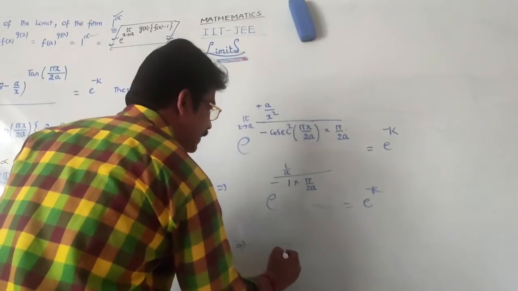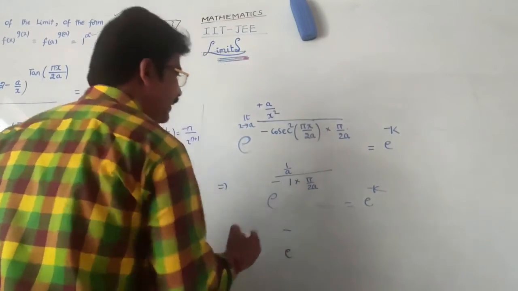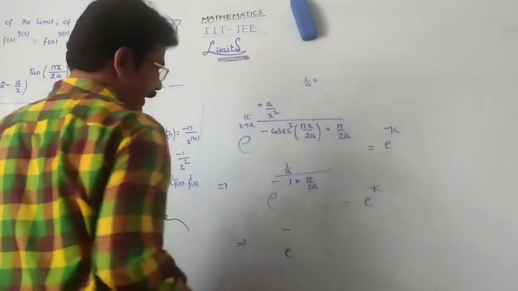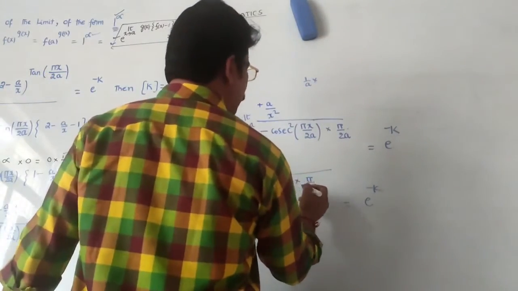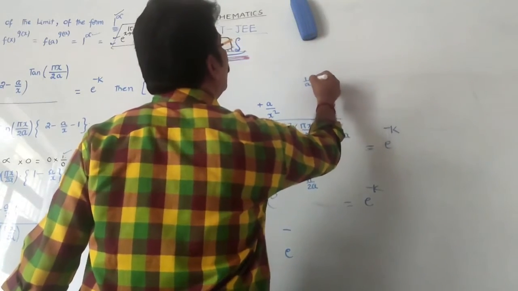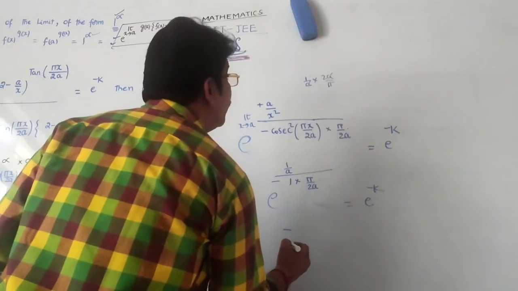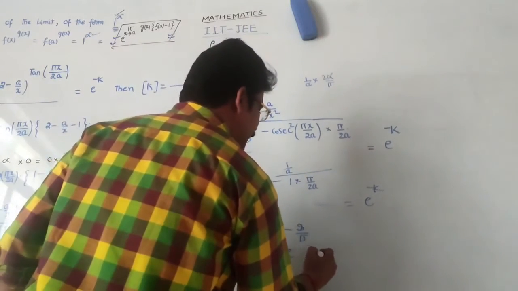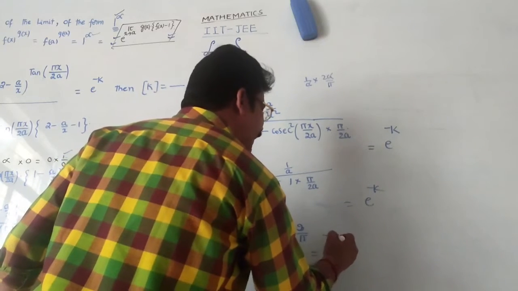So that implies e power minus, actually it is 1 by a into pi by 2a, means 2a divided by pi. So a cancels, it remains only 2 by pi, that is equal to e power minus k.